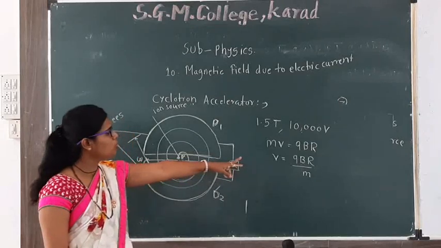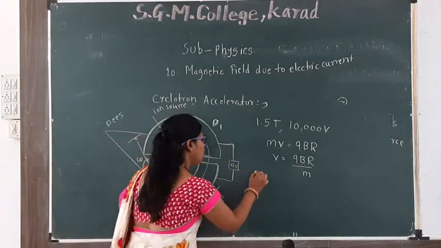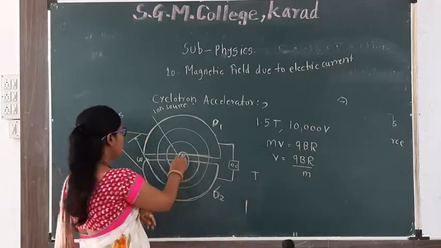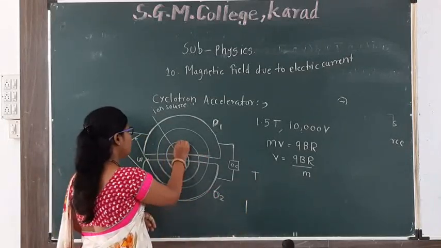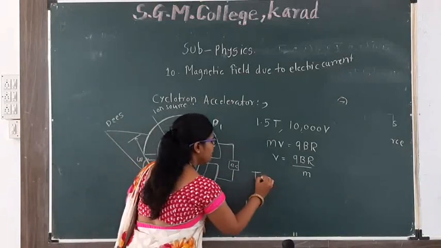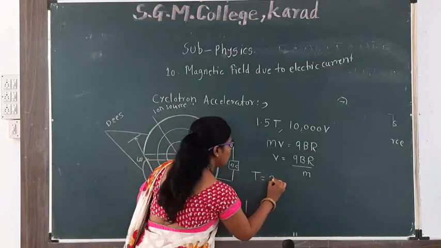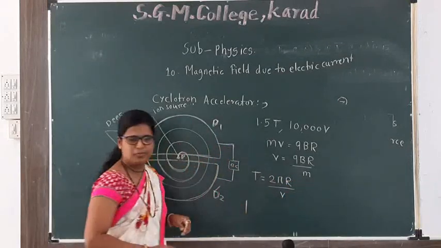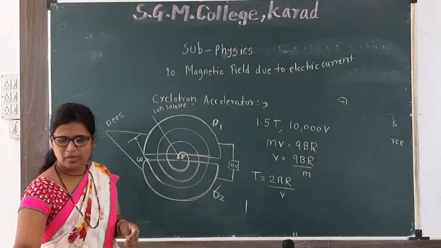Then the total time period for a complete revolution, capital T, is equal to 2 pi r upon v.